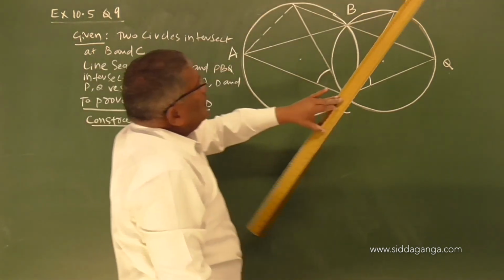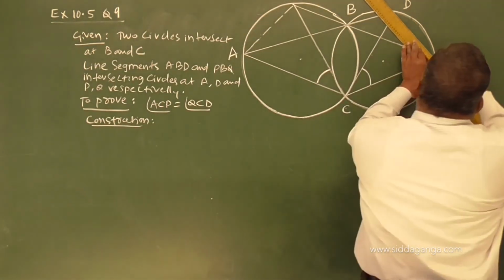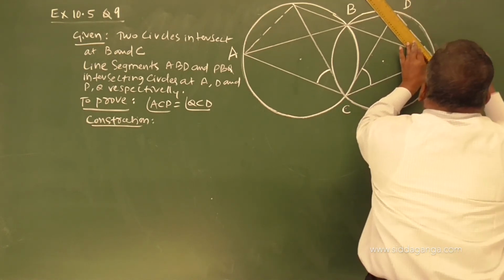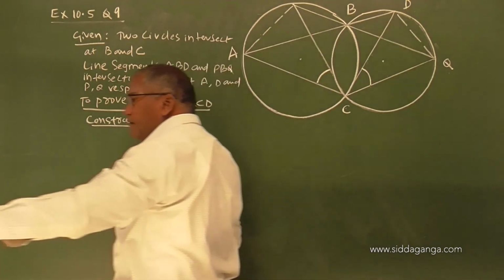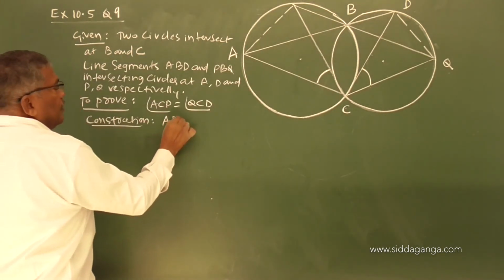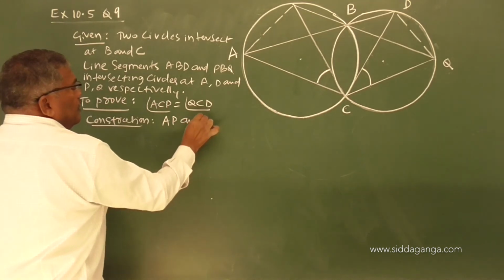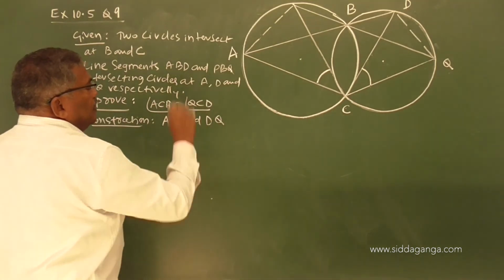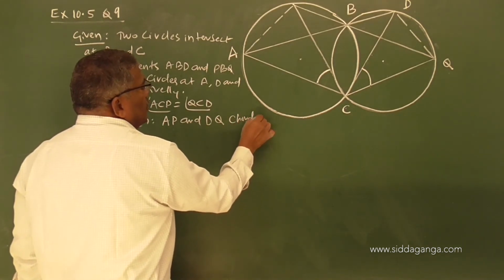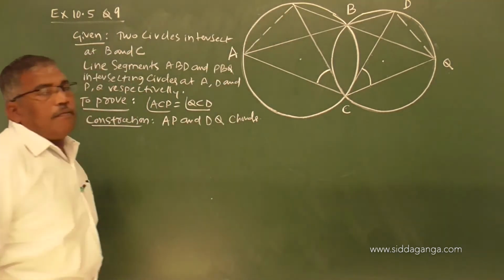This is for our convenience. And DQ. Simple construction. Join AP and DQ. They are now chords.